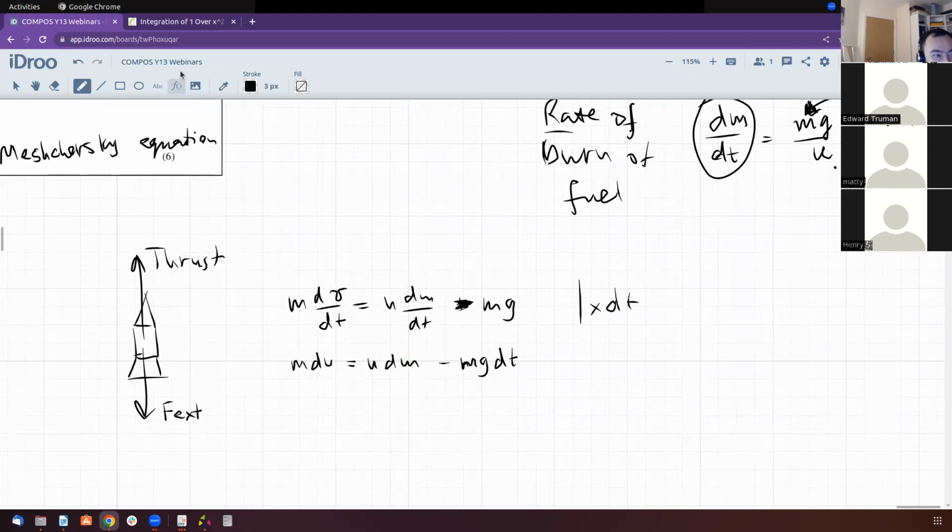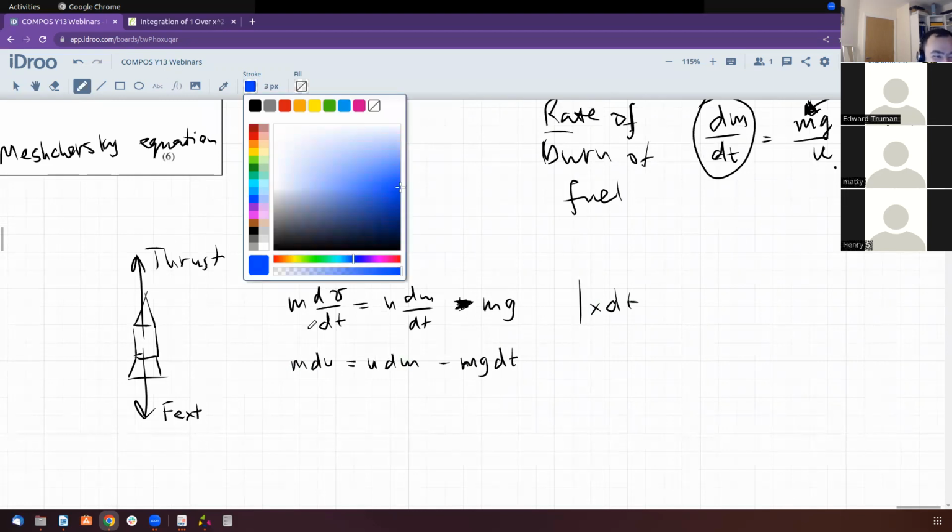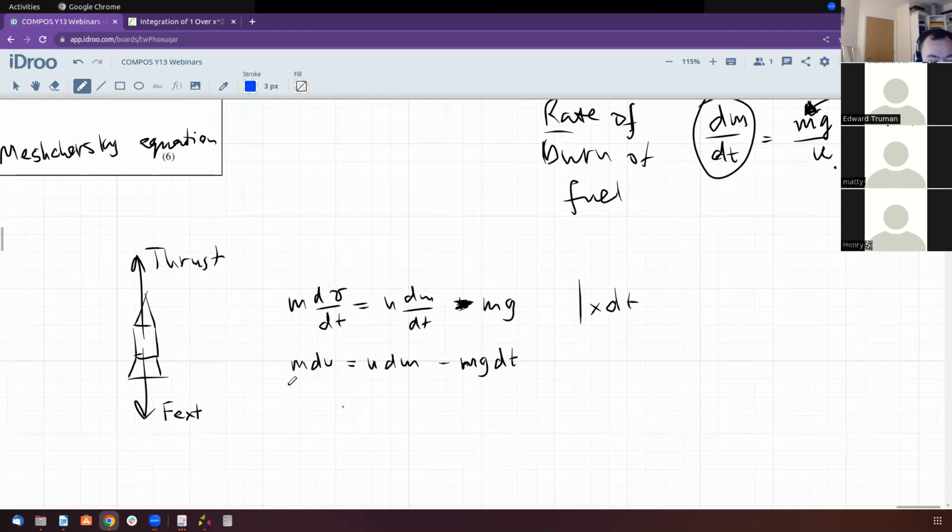And now I'm using a super duper trick. I'm just integrating this, and integrating this. V changes from 0 to V final. I'm integrating this from M initial to M final. And I'm integrating this from 0 to T.